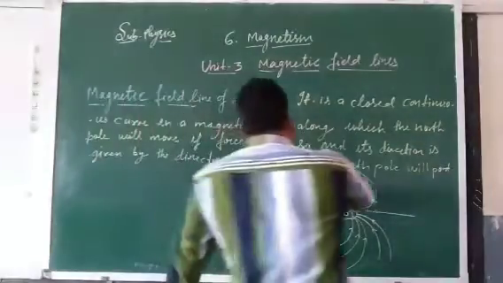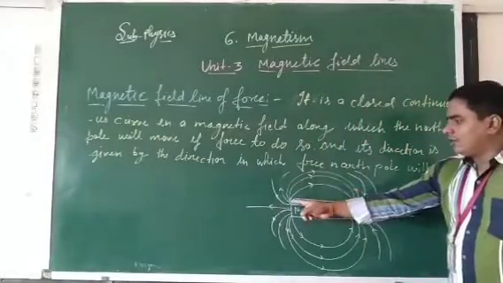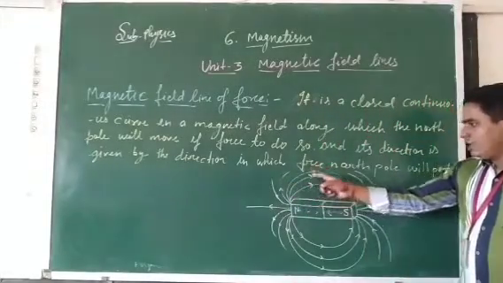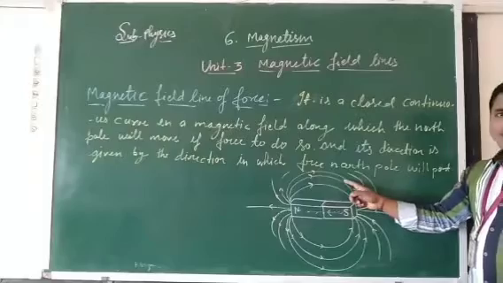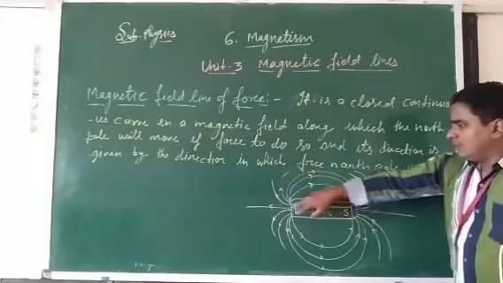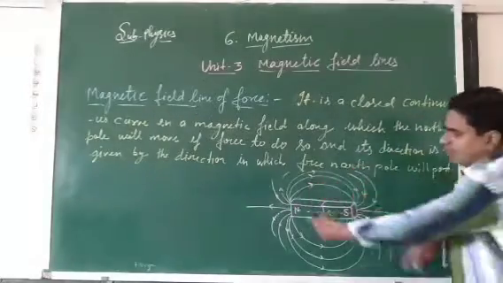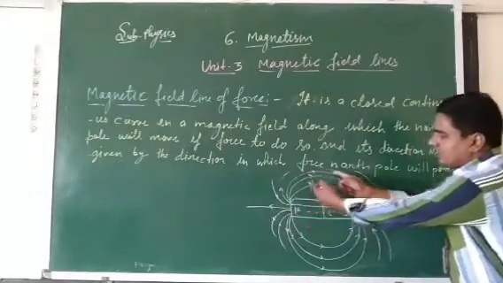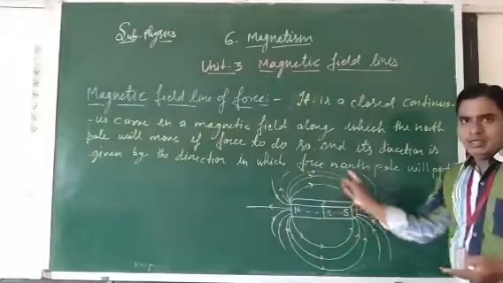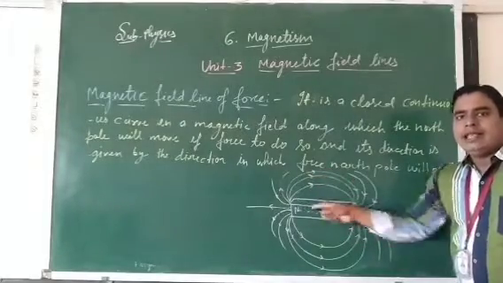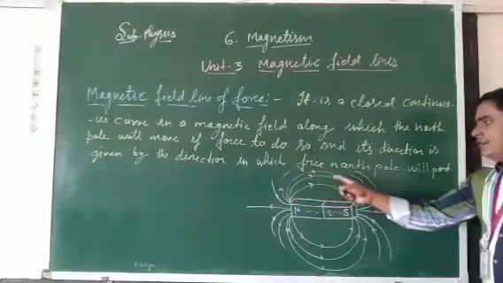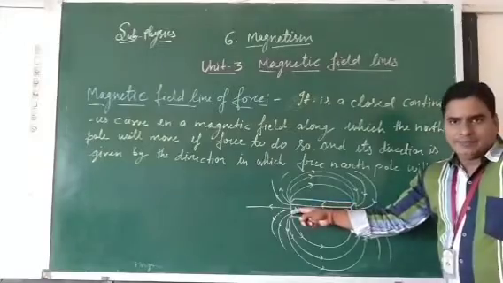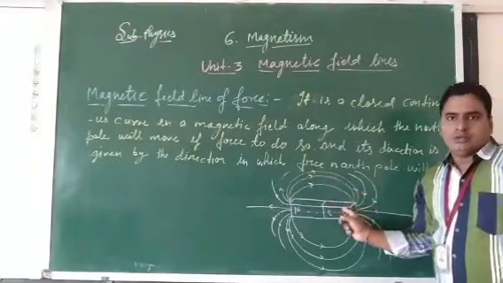Means the magnetic lines start from the north pole and slowly bend to the south pole, along the length of the magnet. ये जो लेंथ है नॉर्थ से साउथ पोल तक की लेंथ, इसके along जो मैग्नेटिक लाइंस हैं वो ऐसे बेंड हो रही हैं. Okay, means along the length of the magnet the magnetic lines are bent, from north to south.